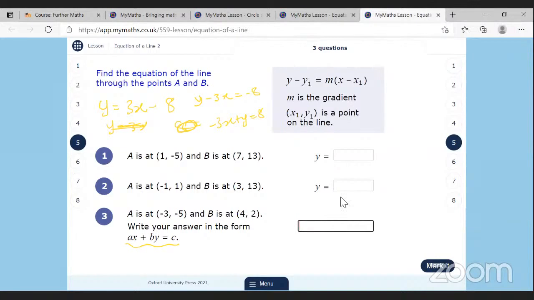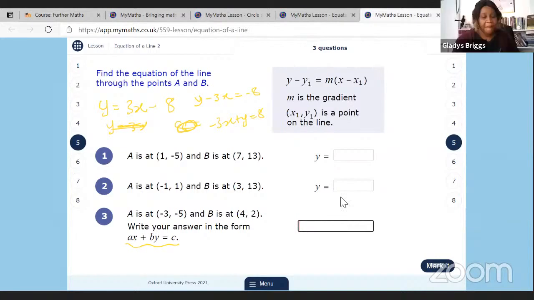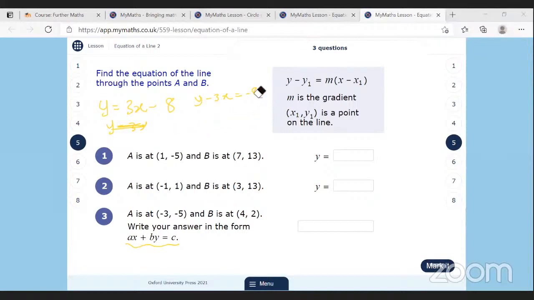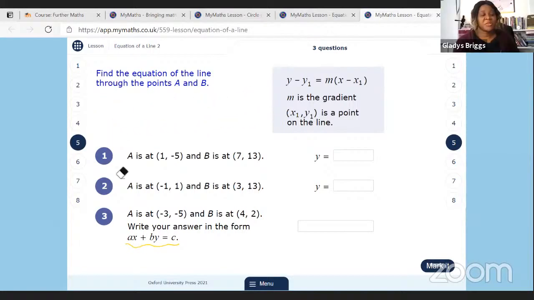Miss, this is the first one, not number 3. Oh, number 3. We need the solution for number 3. So we need to find m first.